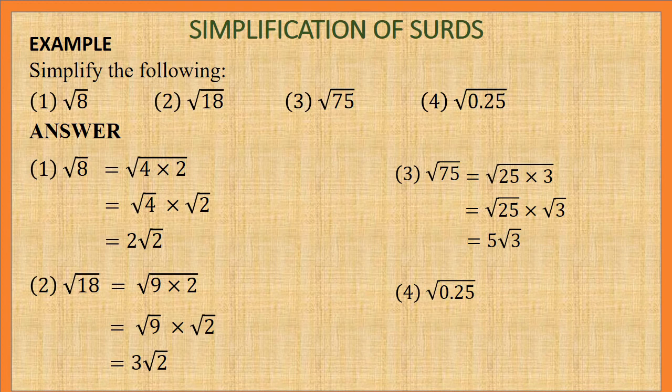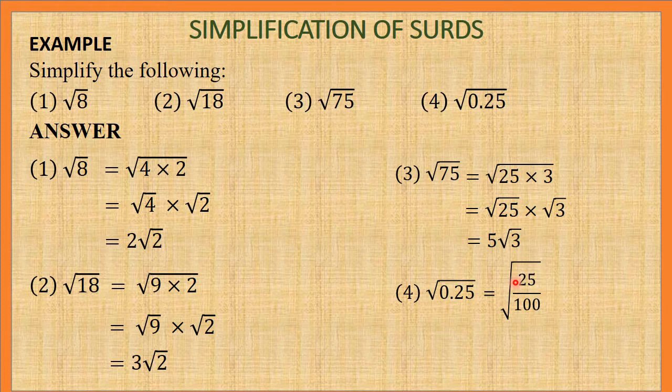Converting it to a common fraction, we have square root of 25 over 100. How many decimal places do we have after the decimal point? We have 1, 2, so we add our 2 zeros. That gives us 25 over 100, then square root of that.